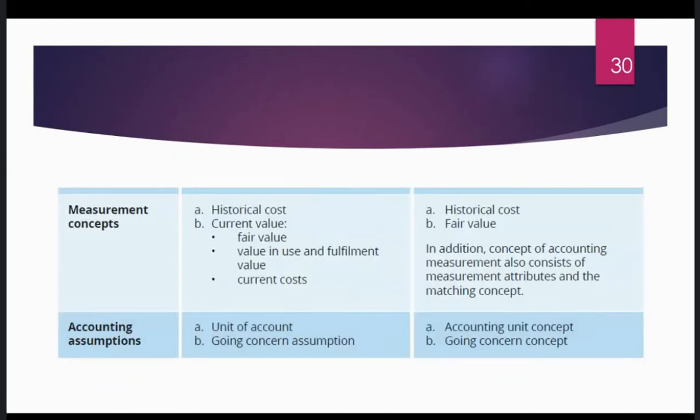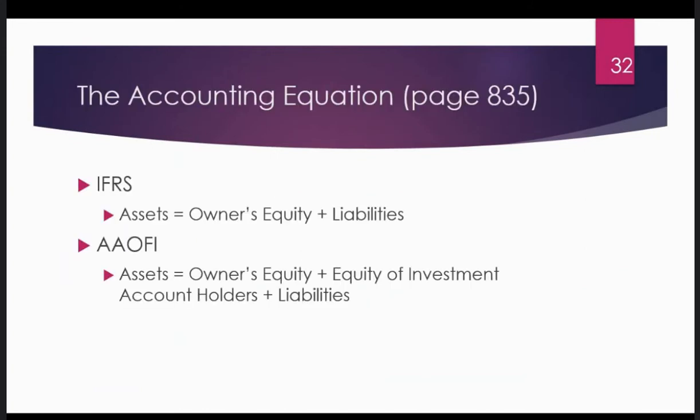When we look at the requirements by AAOIFI and MFRS, or the conventional standard, basically they are based on different accounting equations. You already know that assets equal owners' equity plus liability. But for AAOIFI, they have a mezzanine, an item that cannot be categorized under either owners' equity or liability.